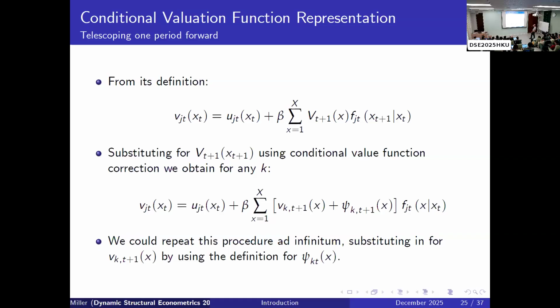So we could repeat this procedure if we wanted to by saying, well, okay, what about V K t plus 1? Why don't we put that in here and put a U K t here and plus a beta V here with a K for the next period? Go through the same substitution for the same K or a different K, whatever K. Keep going. You could just keep on expanding this thing.